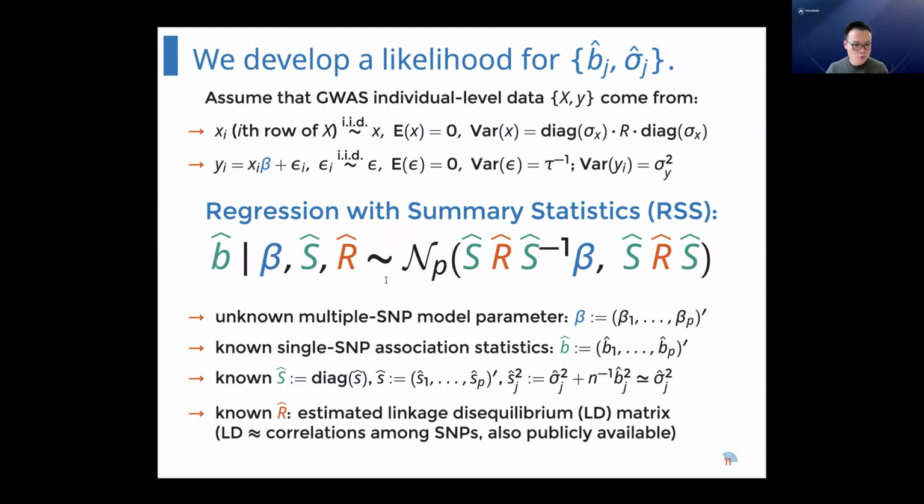In order to derive this likelihood, we just need to make very standard and simple assumptions about how GWAS data X and Y are generated in the first place. The key assumption is here. We are assuming that for each individual, their phenotype data is generated from the genotype data under the standard multiple regression model. This beta vector is the multiple regression coefficient.